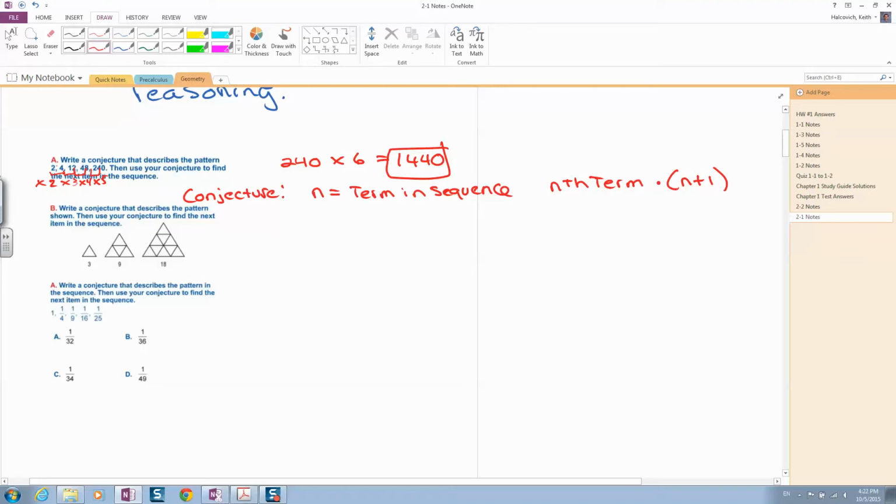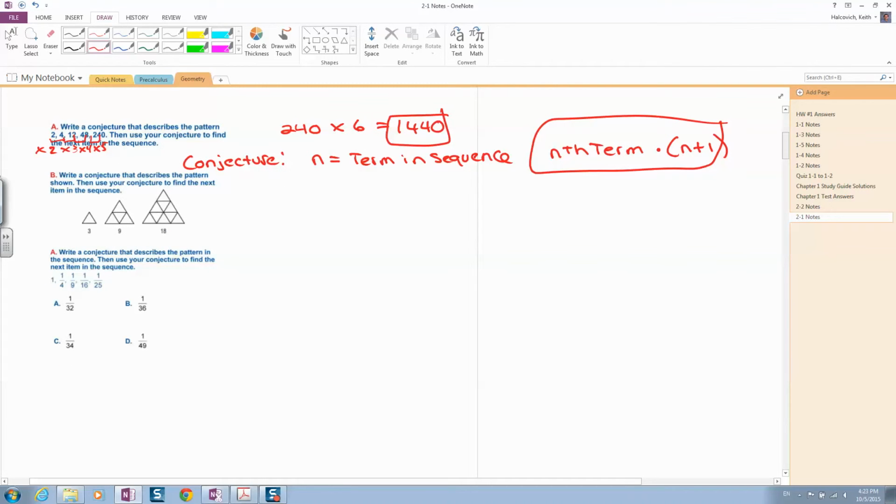So for example, to find 12, you'll take the second term, which is 4, and times it by 2 plus 1, which is 3. So 4 times 3. Then the third term, which is 12, you'll take 3 plus 1, which is 4, and multiply 12 times 4 to get 48. So this is your conjecture.